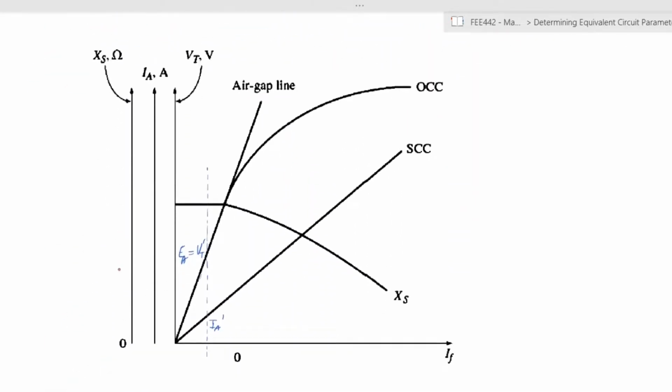And when we combine all three of them together, you can see that if we make use of the open circuit characteristic and the short circuit characteristic and superimpose them together, you have your IF on the x-axis and a series of points which you can take. At a specific value of IF, you have a value for armature current in the short circuit condition, and a value for terminal voltage in the open circuit condition.